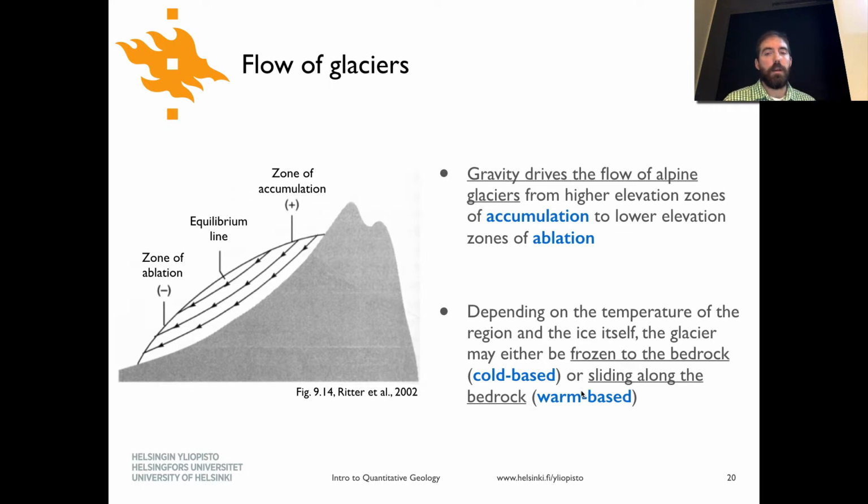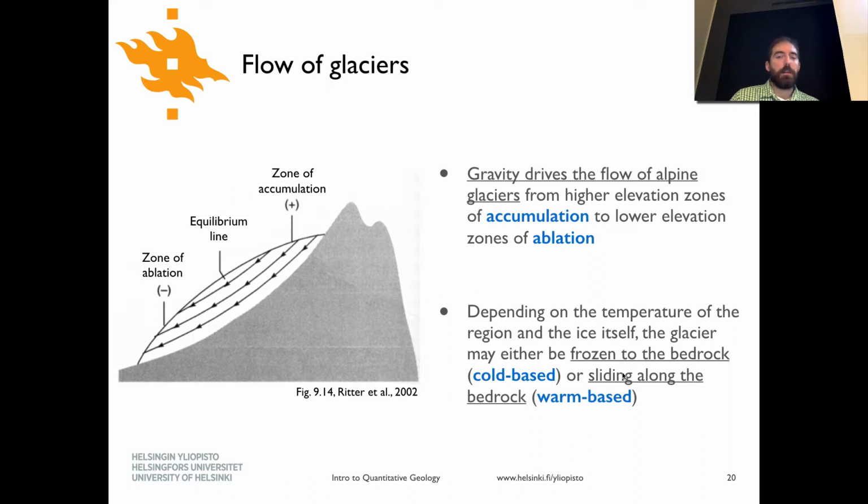And even this, for a given glacier, may not be entirely cold-based or entirely warm-based. There may be patches that are behaving in one way or another. But this is a general classification, and maybe already something that's a bit familiar to you. Maybe, I don't know.